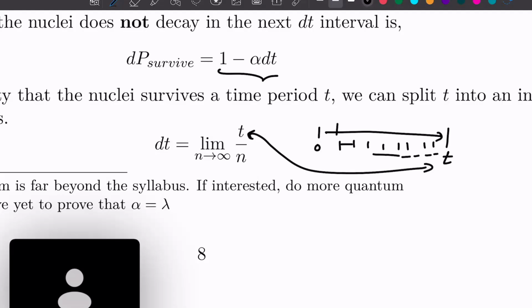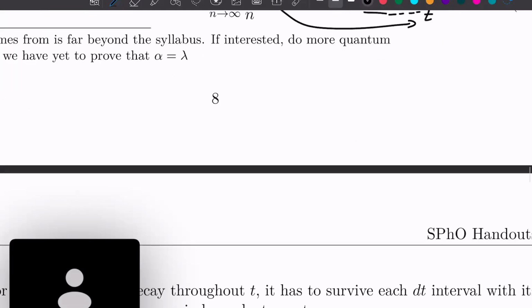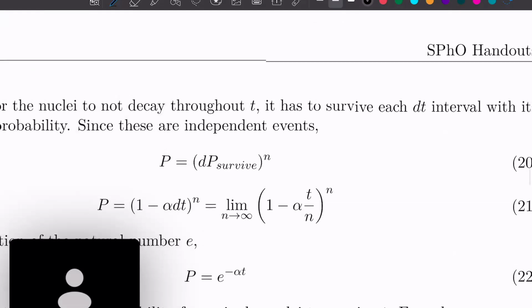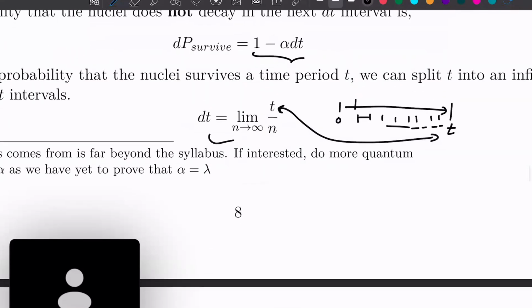So dt would be t divided by n, the total time divided by the number of intervals. Now we substitute dt with this.